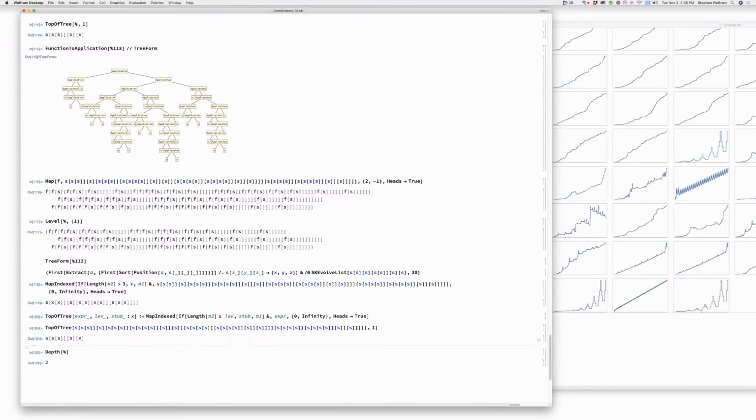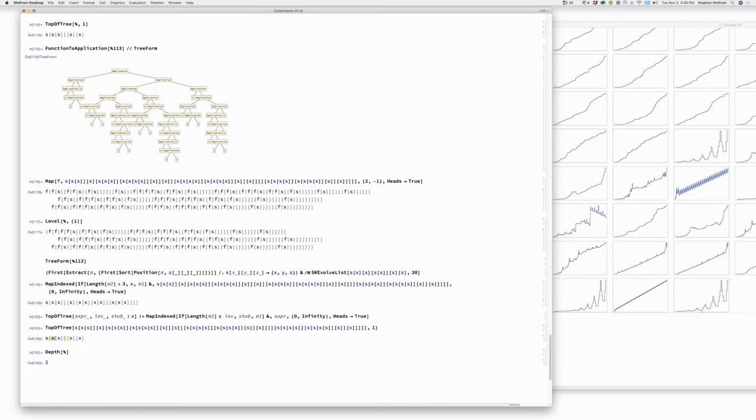Oh gosh. Why did that thing not get stubbed? Why did that S there not turn into a stub? So if map indexed, if length of hash 2 is greater than lev, turn it into a stub.